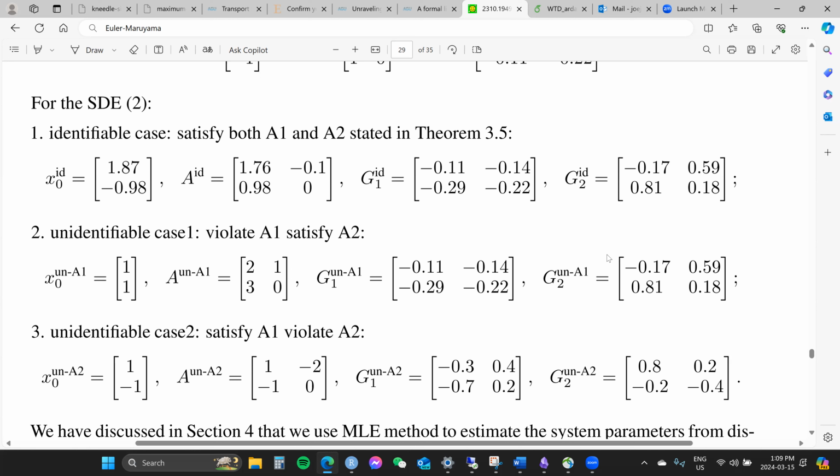I just want to emphasize this last point. There was a question about whether they're assuming the same starting point, and in the experiments they are: in each case, they have the same starting point for all trajectories. I think they define equality in distribution as needing the same starting point.